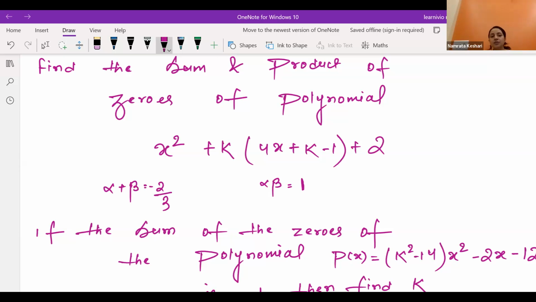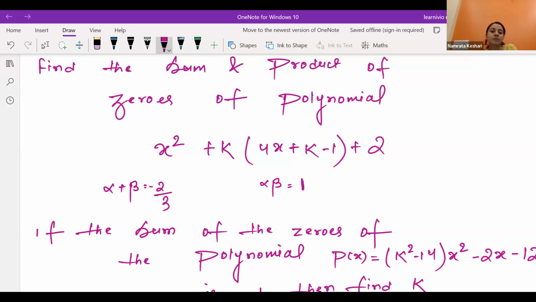Okay. Yes, the rest of the students, are you getting the same? I got 2 by 3 and 1. Teacher, I got minus 1. Yes, Fazan, you got the same? I got minus 1 in the second, like alpha into beta.